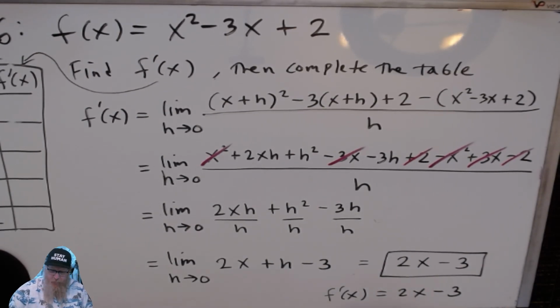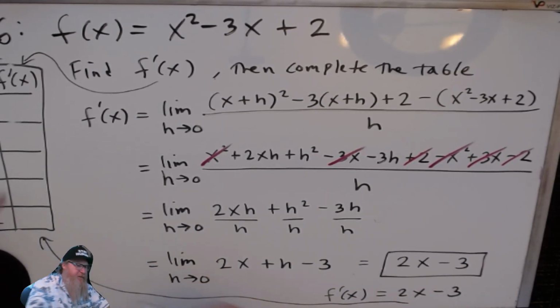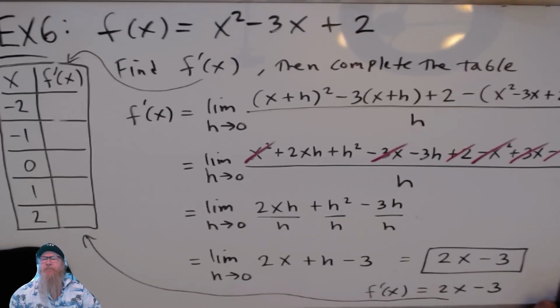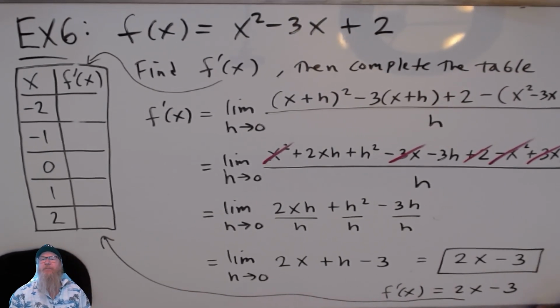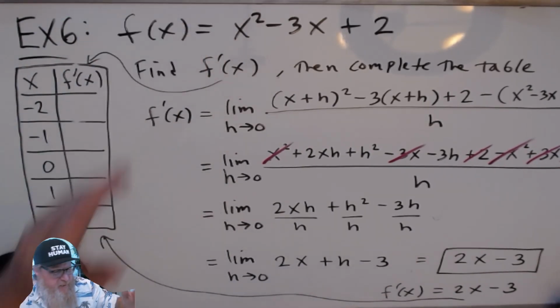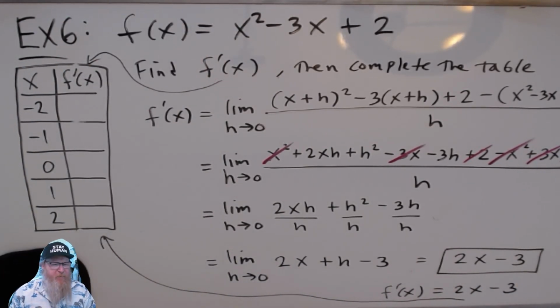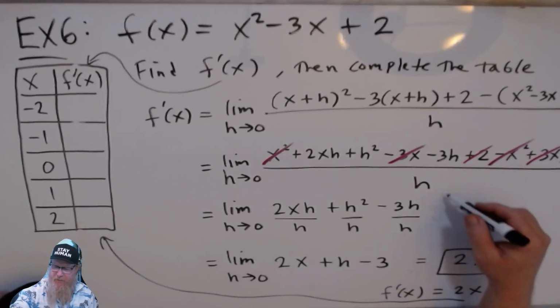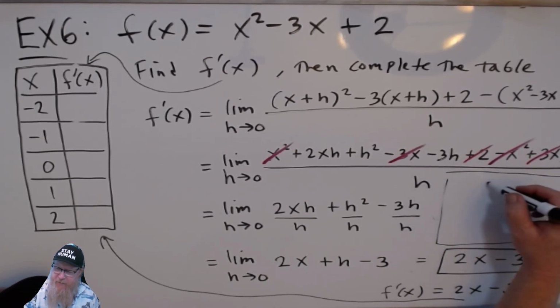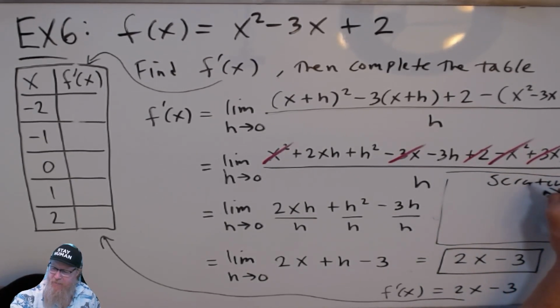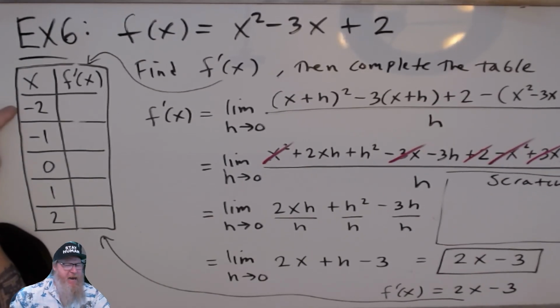So this is what I'm going to use to fill out this table now. These numbers are relatively simple, so I think we can do them with mental math, but maybe I'll do a little scratch work right here. So let's do negative 2.